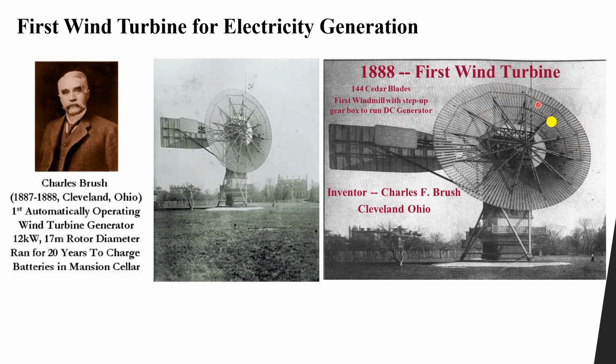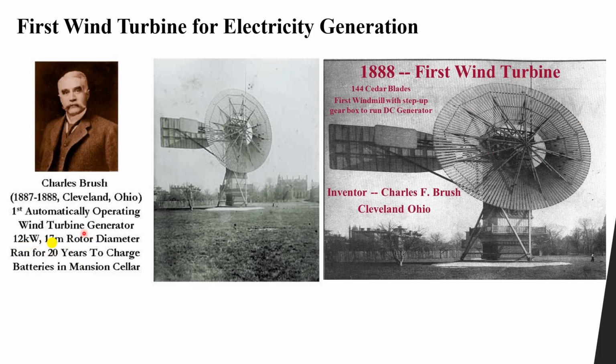So the mechanical motion of the blades was converted using a gearbox and connected to a DC generator to produce electrical power. This wind turbine had a power of 12 kilowatts.